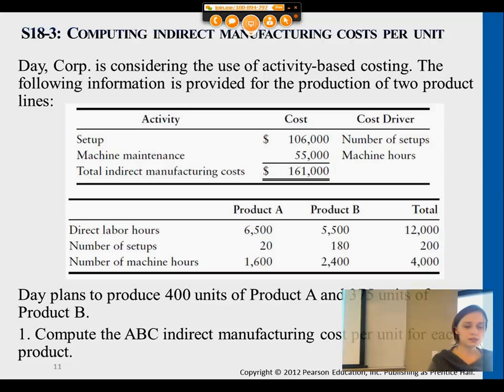You want to find your cost per unit for each of the products. So ABC indirect manufacturing cost per unit is what you need to find. Try it.